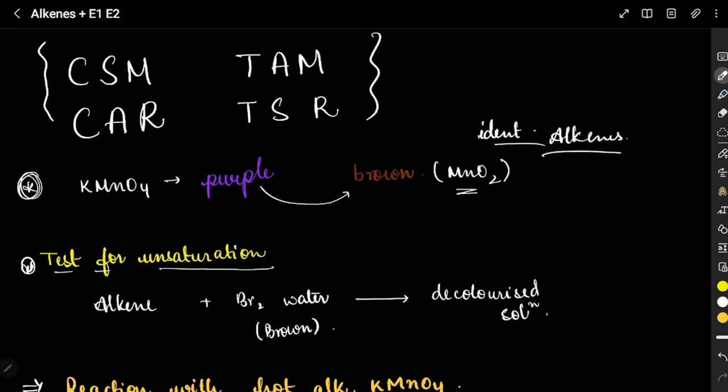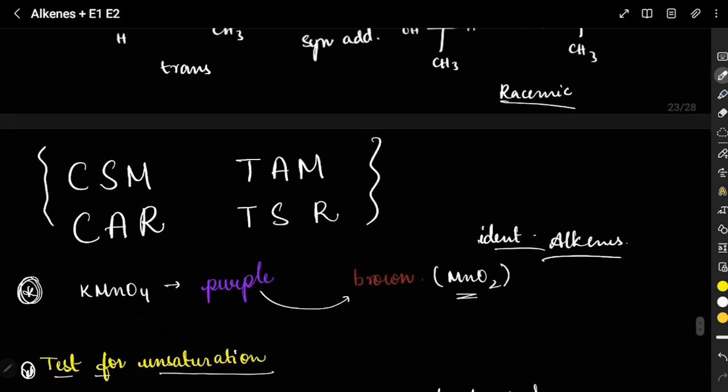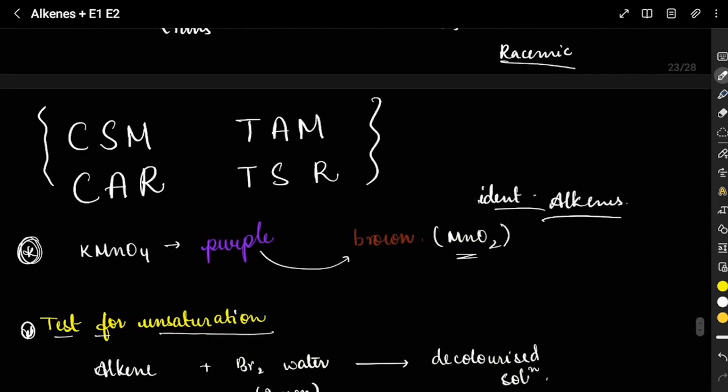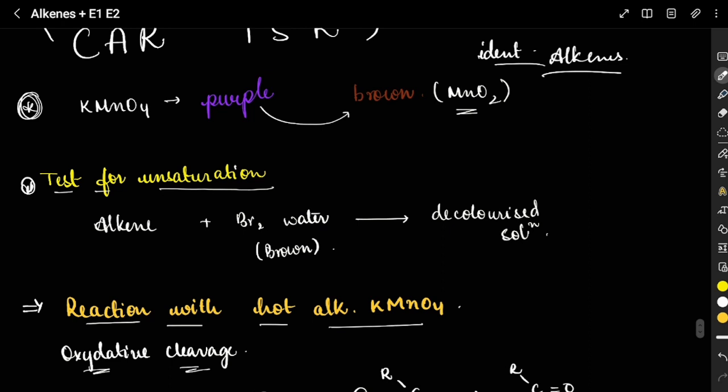KMnO4 is generally purple in color, right? So you are going to react it with some alkene or any compound you don't know. Then MnO2 is produced. MnO2 is generally brown in color. So whenever you use Baeyer's reagent, MnO2 will be the byproduct. Because of the formation of MnO2, the solution becomes brown in color. So if it forms a brown color, then an alkene is present.